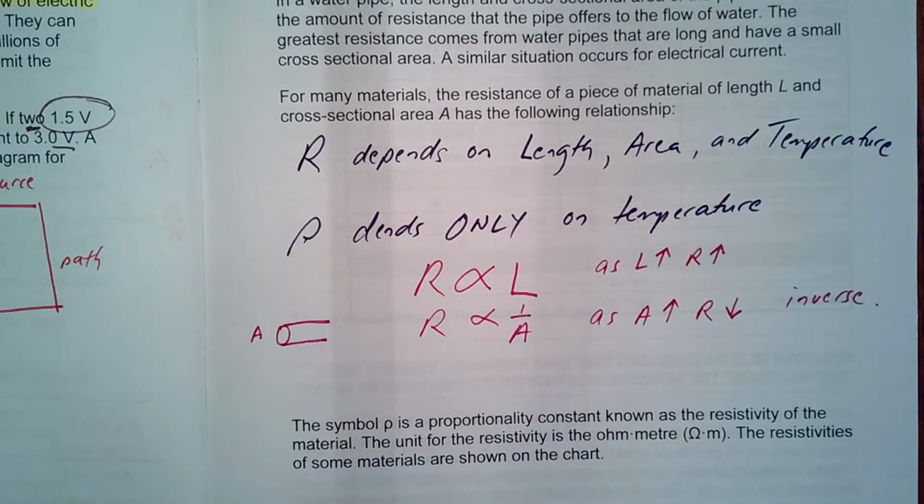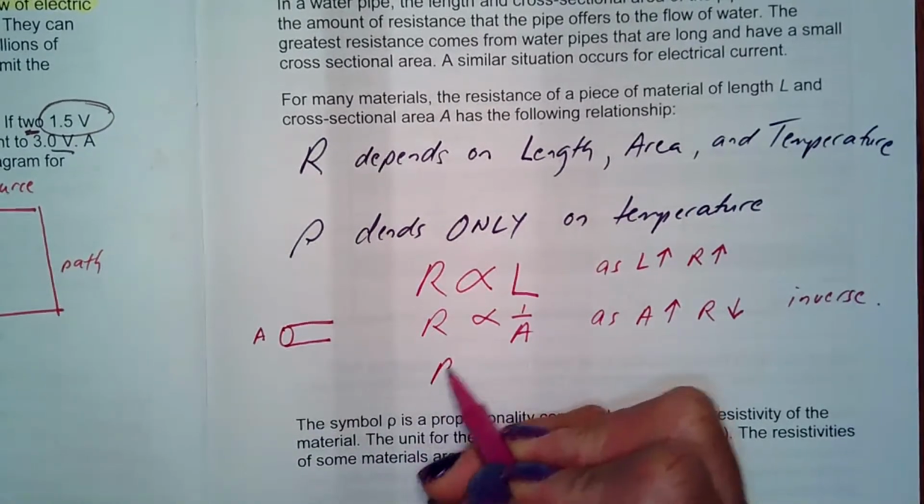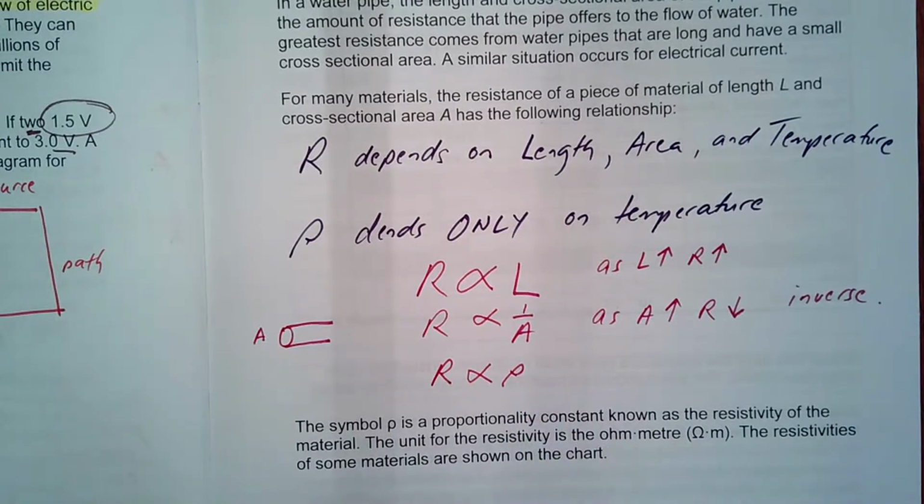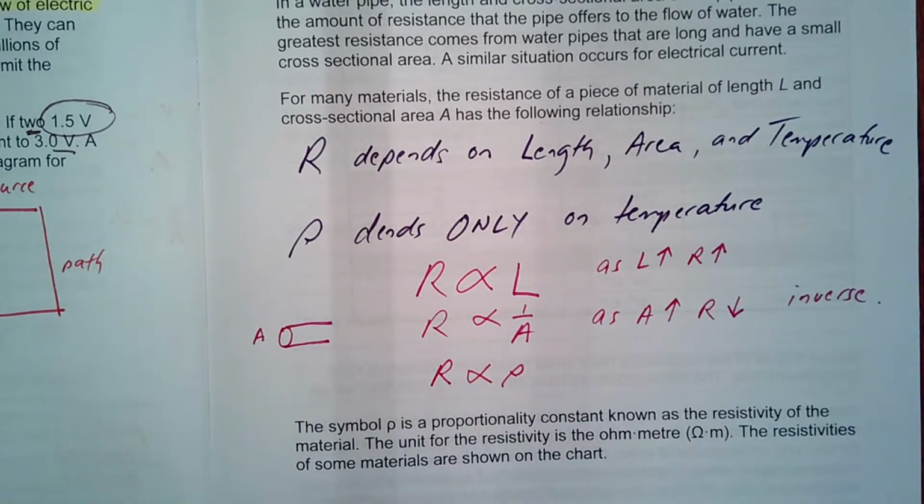What about resistance and resistivity? Resistance is directly proportional to resistivity. This makes sense because if you are looking at, for example, copper, it would be able to move those free electrons much faster than if you were, say, using iron or brass.